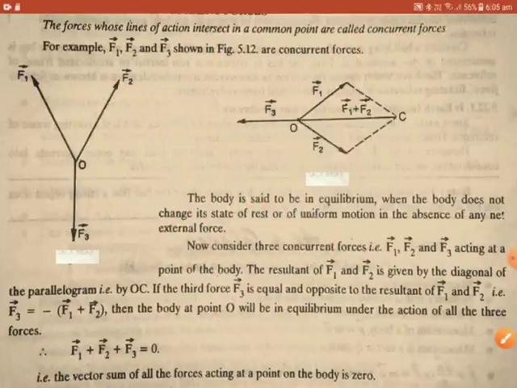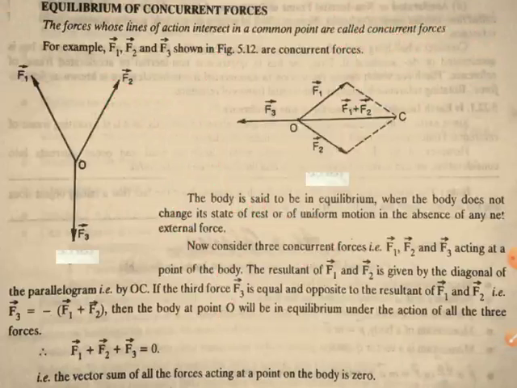So the condition for equilibrium of the concurrent forces is that the forces acting on the body can be represented both in magnitude and direction by the polygon taken in order. Why am I saying polygon instead of triangle?